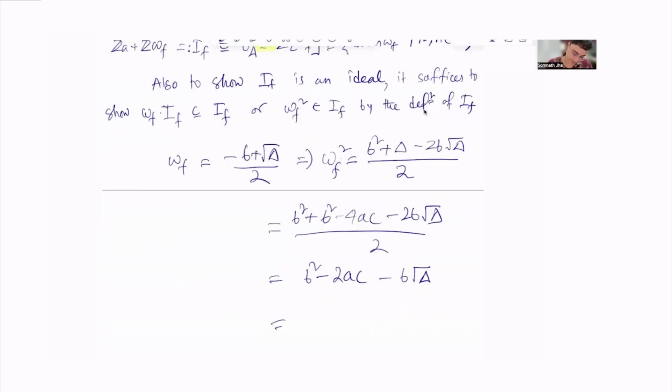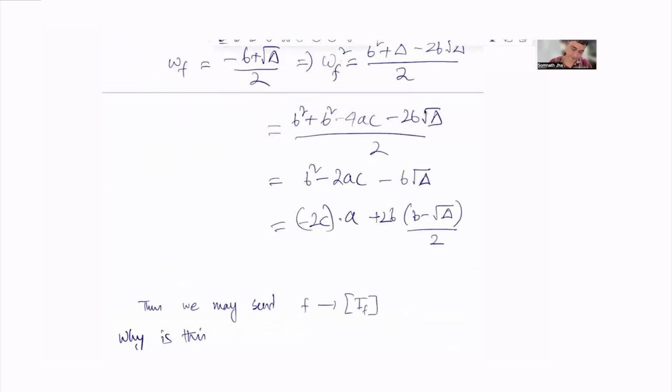Right? So this is minus 2c into a, plus b into (b minus root delta) over 2, plus 2b. So this is minus 2c into a plus 2b into ω_f.